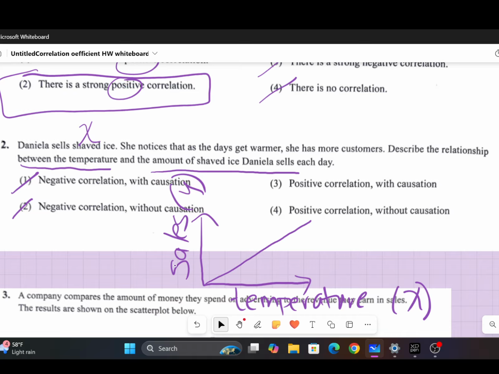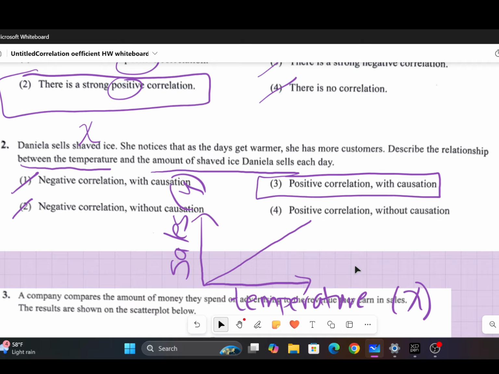Do you think it's true that people are buying shaved ice because they're hot? Is that a cause? Absolutely. So the best answer choice here would be number 3. There's a positive correlation with causation. I'm hot. I need some of Daniela's shaved ice. It makes perfect sense.